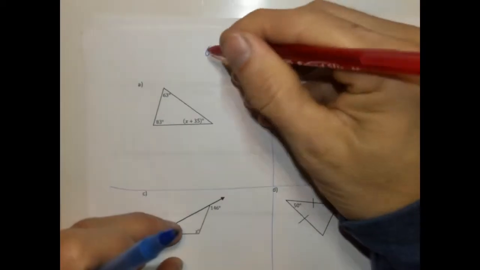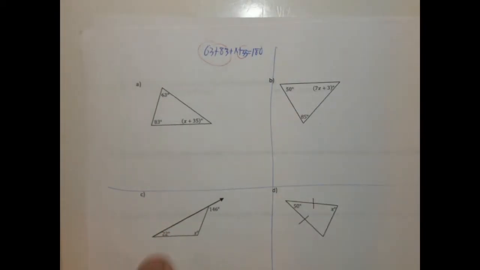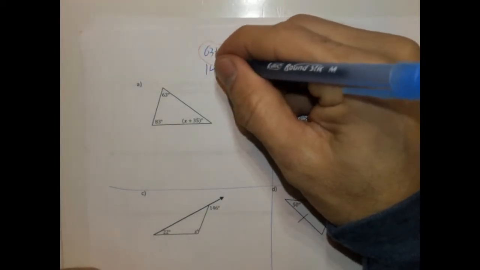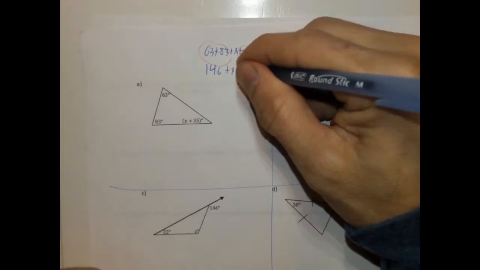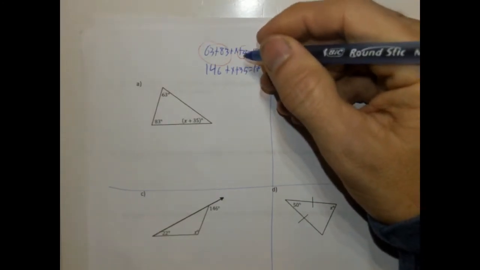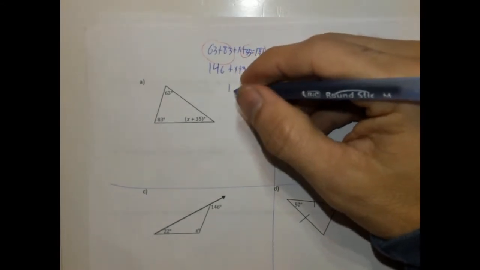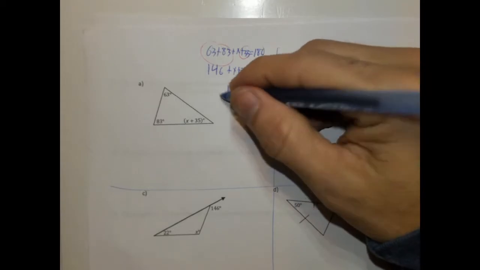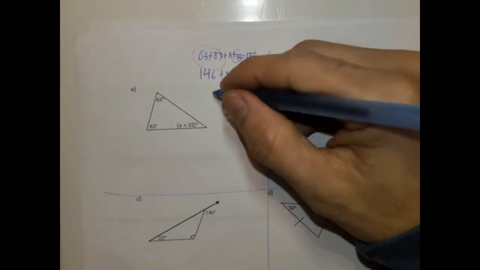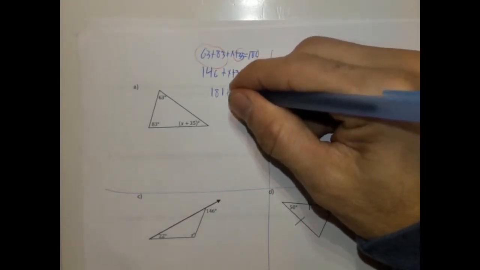Combine the 63, the 83, and the 35. 63 plus 83 would be 146, plus x plus 35 equals 180. Then 146 plus 35 would be 181 degrees, plus x equals 180.